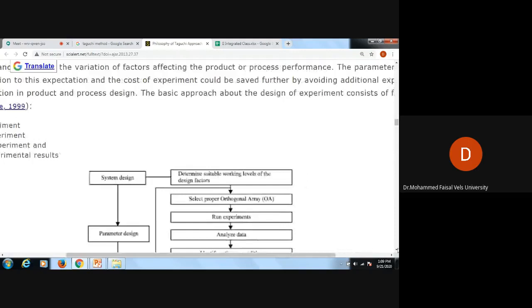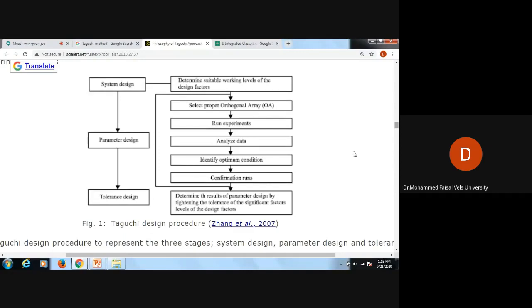Orthogonal arrays or outer arrays, where we select the proper orthogonal array and run the experiment, analyze the data, and identify the optimum condition. Then you try a confirmation run. This will come in parameter design.